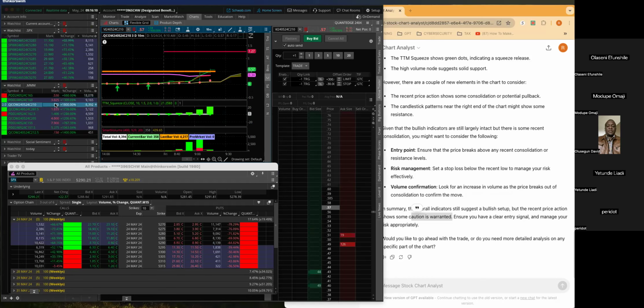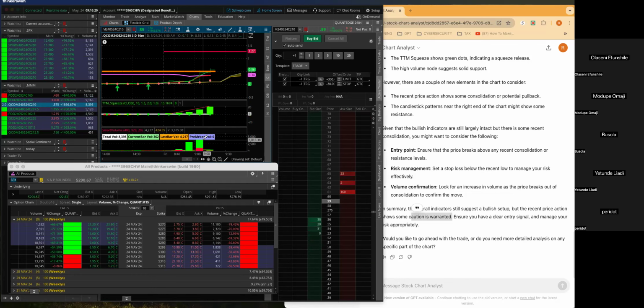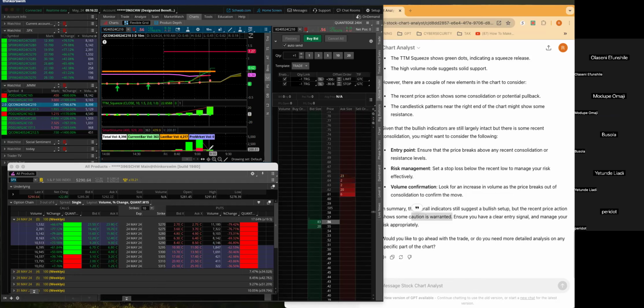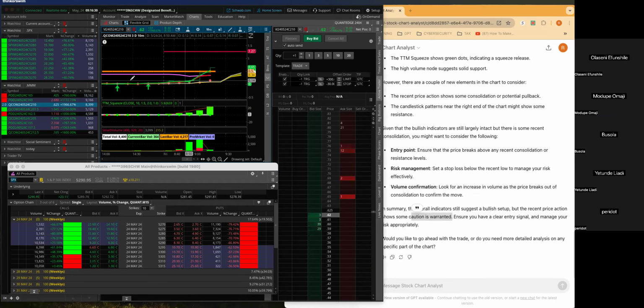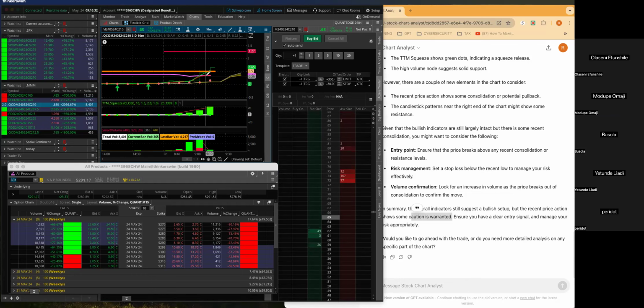The only thing you have now here is this QQQ comp. This one is still kind of, you see the TTM squeeze is still going up. The volume dropped a little bit, right? And then it picked back up. So where's the best place to enter a trade?